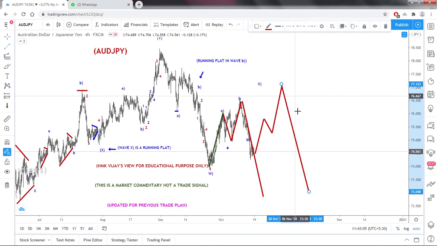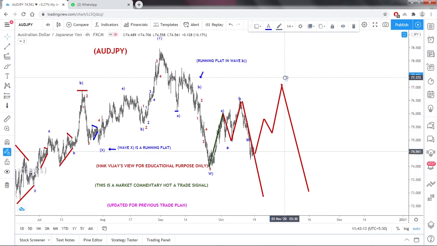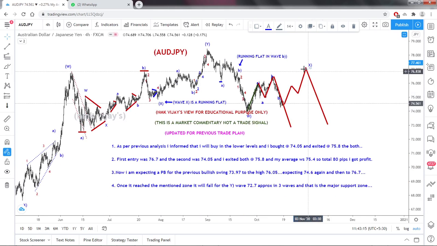So this is what I am looking for. If ABC gets connected, it's over, and we are still in that X wave. So it will take more time, and then again it may fall.